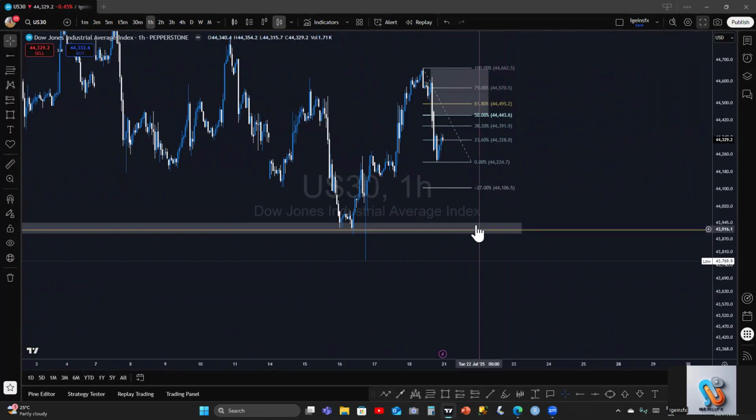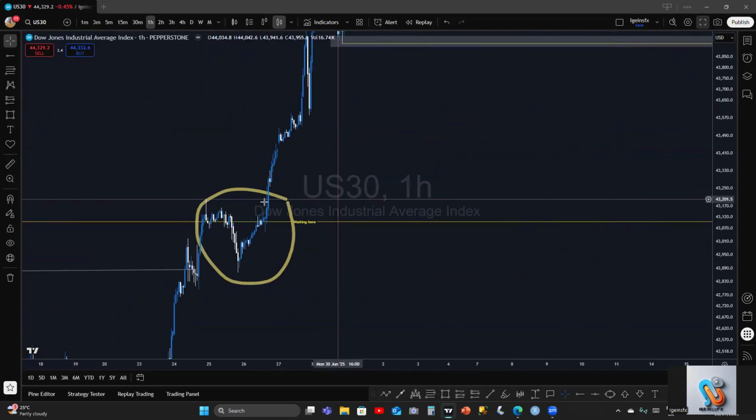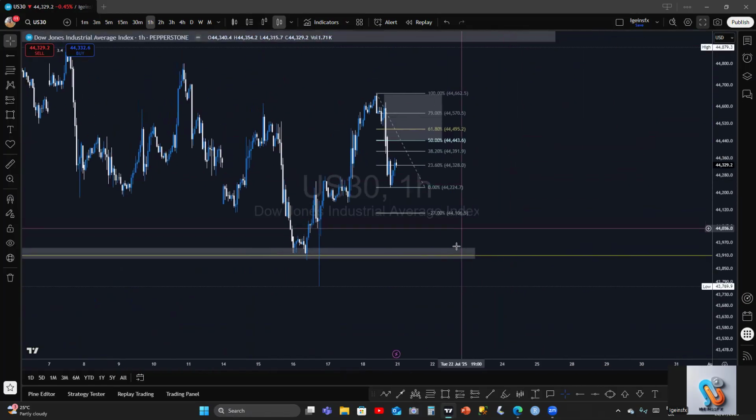So if this level is broken, then we can be targeting this POI. But if it holds, it might return price back up. So in Forex, we trade what we see, not what we think. What we see is what we trade.